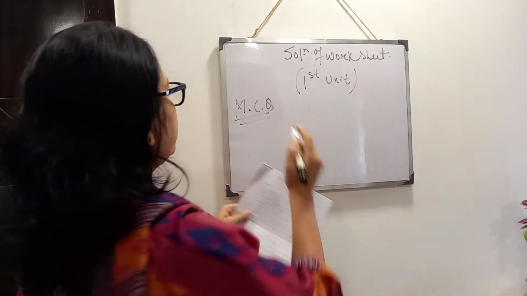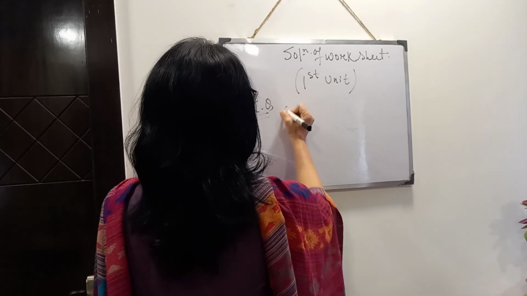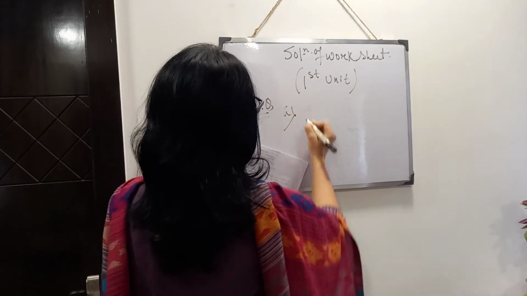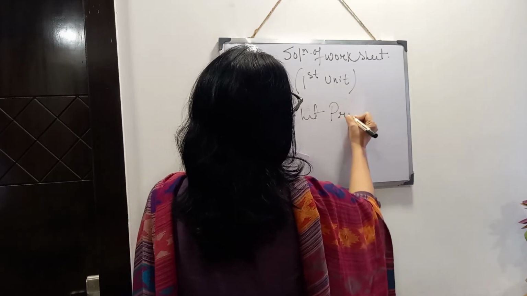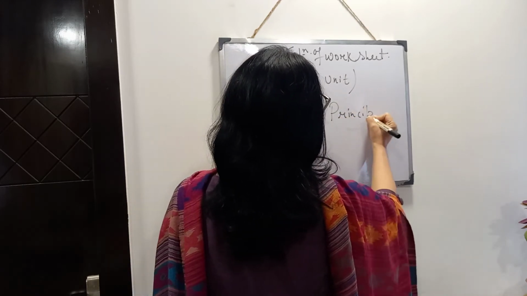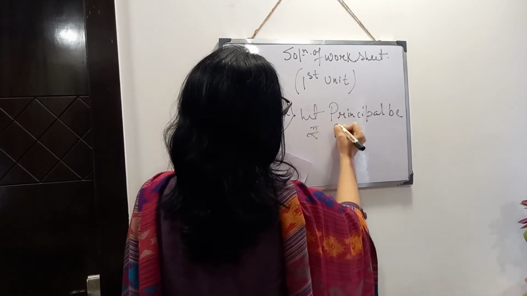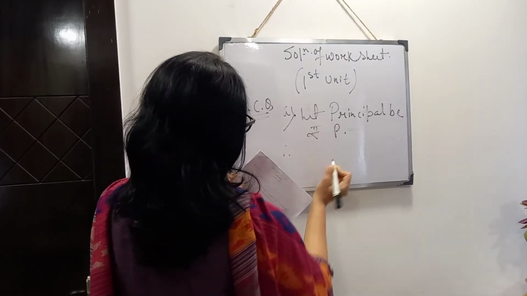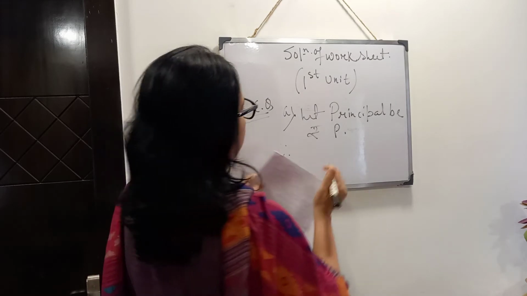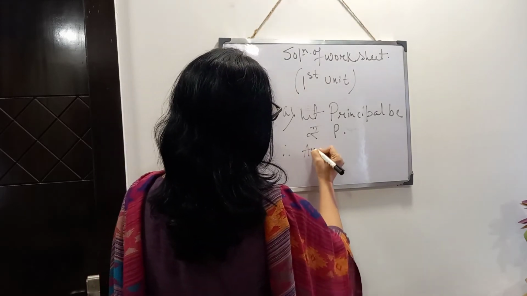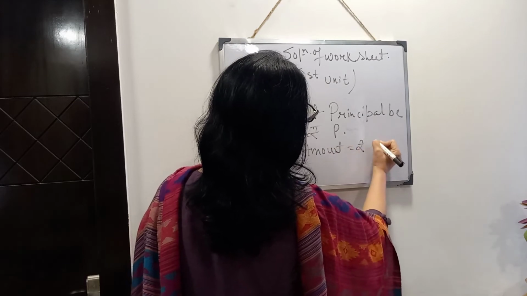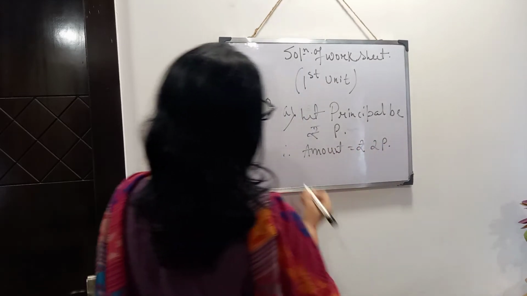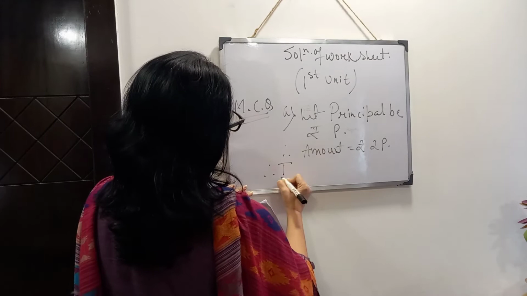Okay. First case, here let principal be rupees P. Therefore, amount is told becomes double. Amount is twice of P. So, what will be the interest?